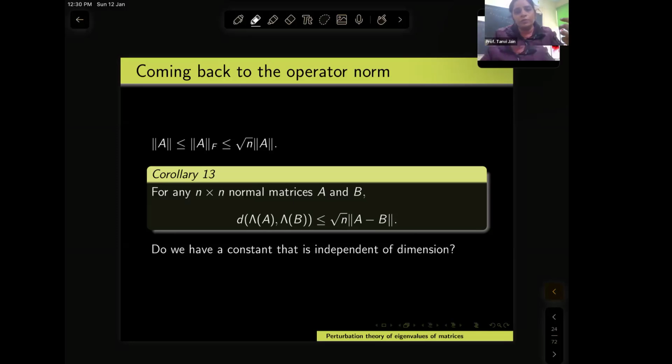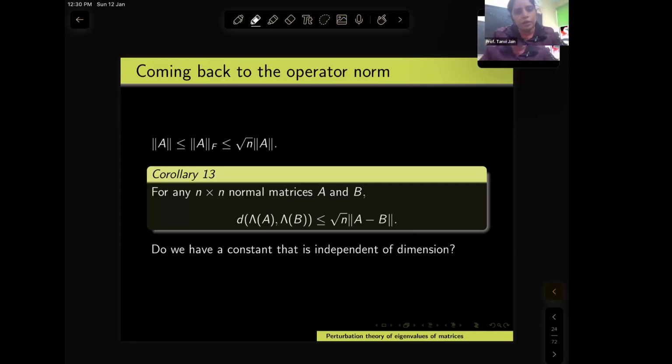The operator norm is the maximum of mod lambda i. That is the supremum norm. So here, this is really corresponding to the Euclidean norm and the maximum norm on C^n. Therefore, we have this inequality that the operator norm of A is less than or equal to the Frobenius norm of A, and this is less than or equal to square root of n, where n is the dimension of the matrix, times the operator norm.